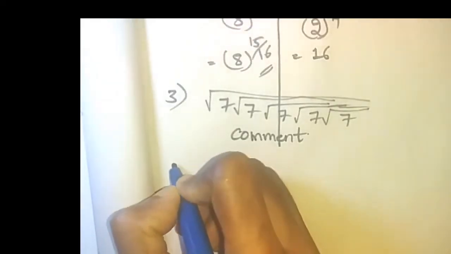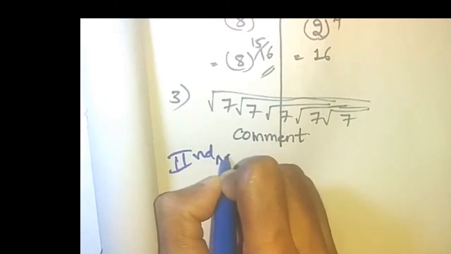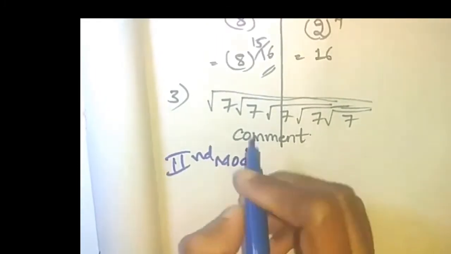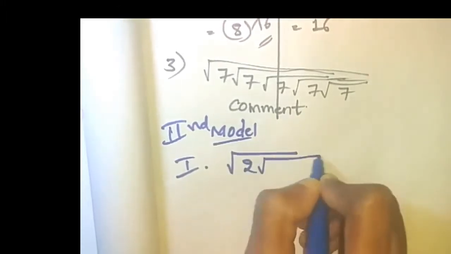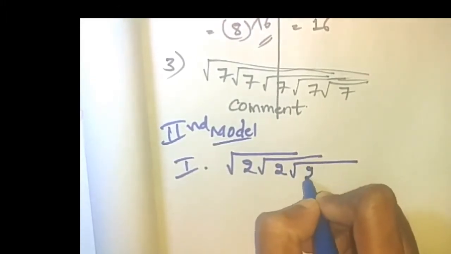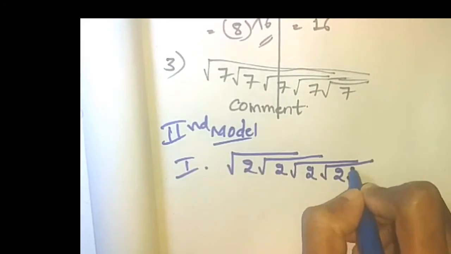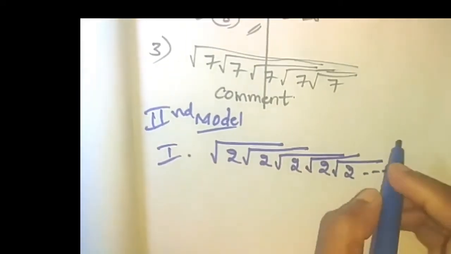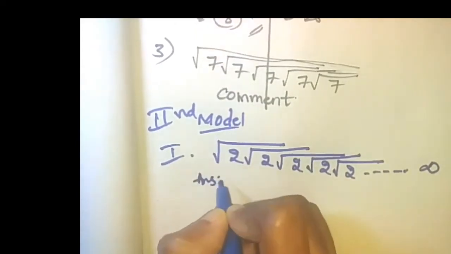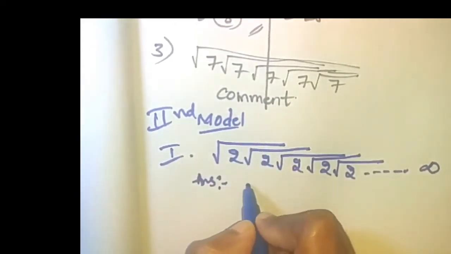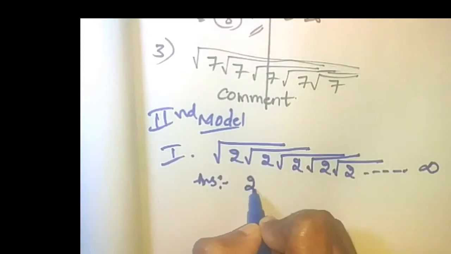Now, second model. What if under root 2, under root 2, under root 2, under root 2, under root 2, and so on like this, and it ends with infinity? What is our answer? Within a fraction of a second, we can say that the answer is 2.